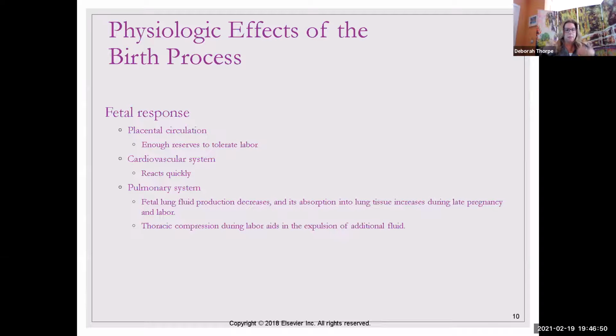And then as the baby gets ready to deliver, the idea is that this fluid in the lung field starts decreasing a little more, and at delivery time, some of the fluid in the lungs gets pushed out with the actual vaginal delivery.